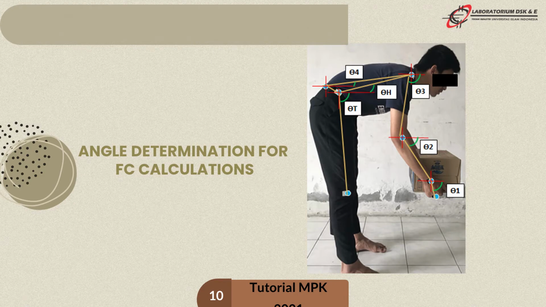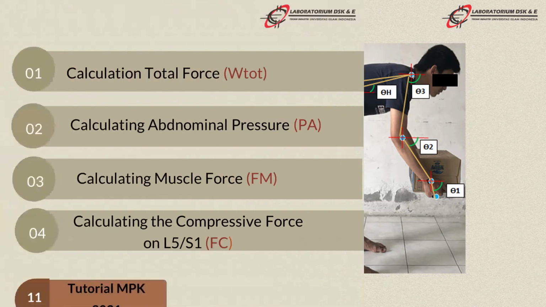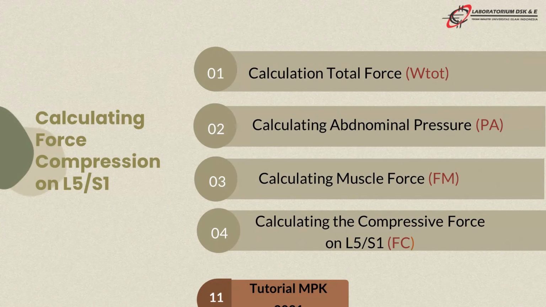And the steps for calculating the compressive force at L5S1 are: the first is calculating the total force or total weight, that is the accepted total force while lifting an object. The second is calculating the abdominal pressure.